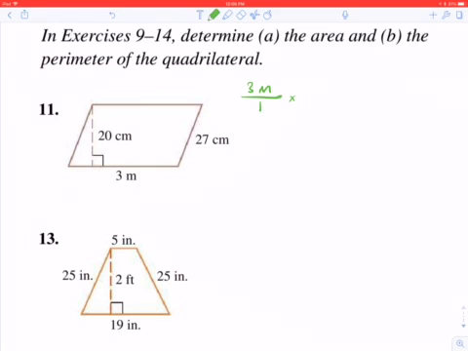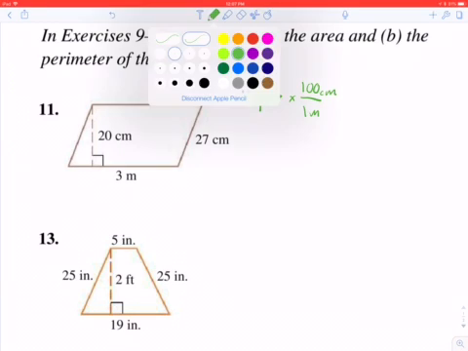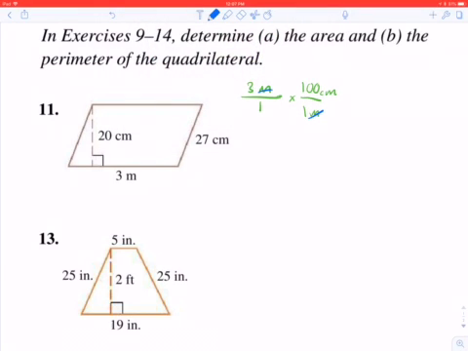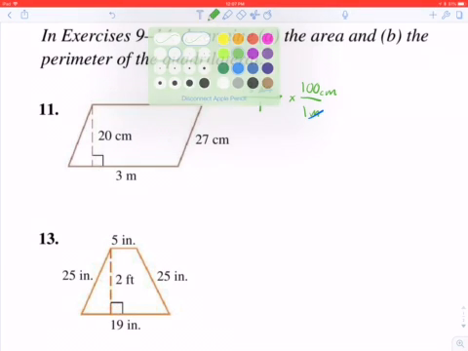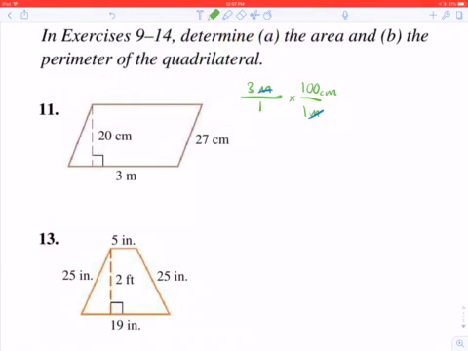Which is bigger? The meter is bigger than the centimeter. So 1 meter is going to be 100 centimeters. If we simplify, we get 300 centimeters. So this is actually 300 centimeters.